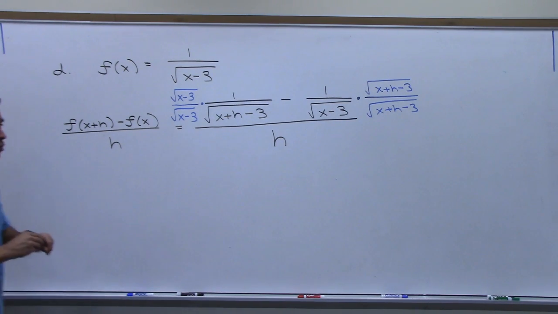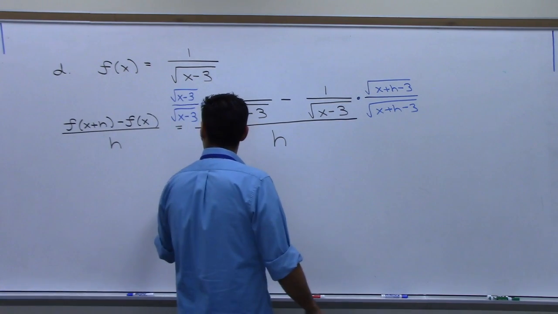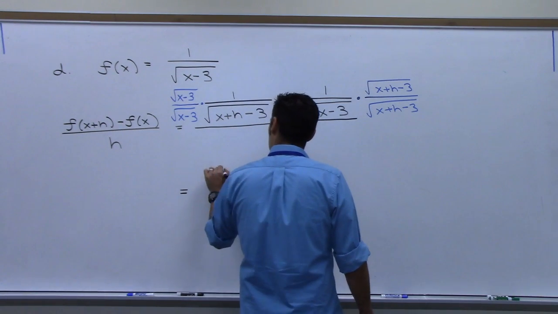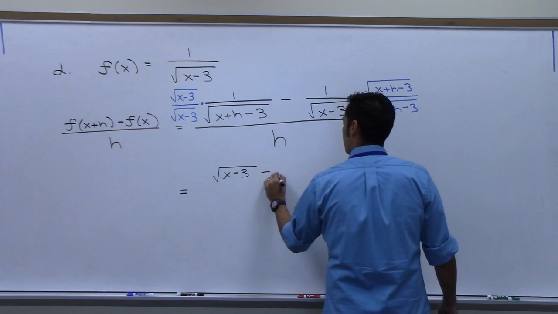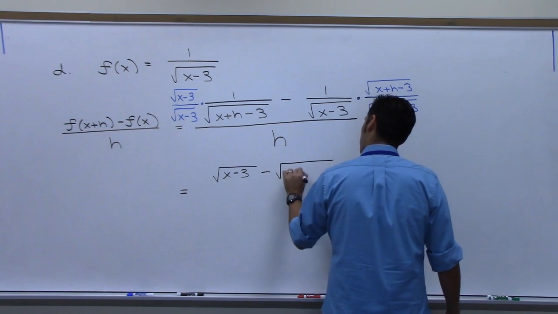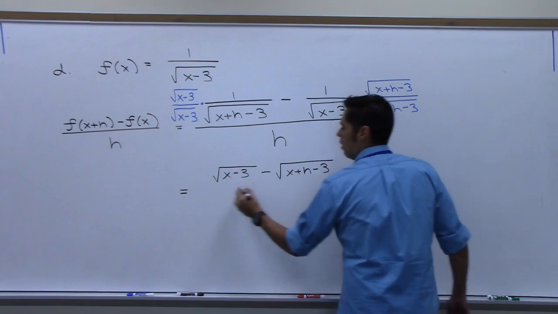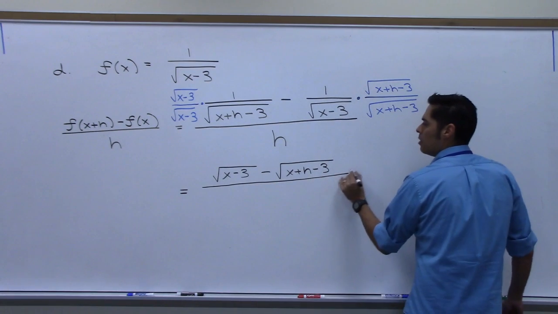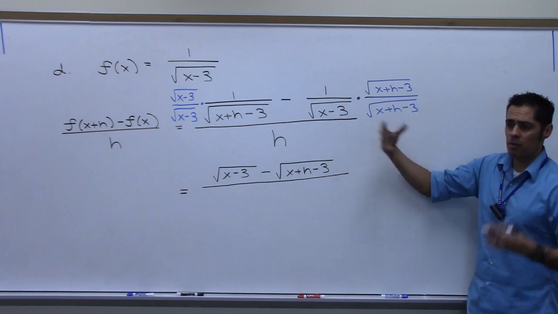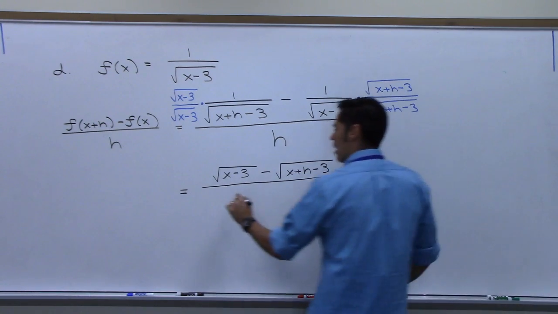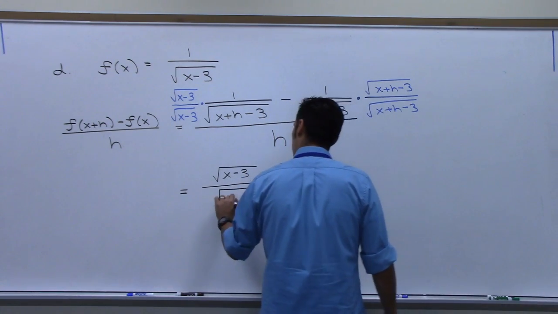So what does your new numerator turn out to be? The root of x minus 3 minus the root of x plus h minus 3, all over your new common denominator. Careful. What's the common denominator? It's these two together multiplied. I'm just going to leave them apart. I'm not even going to try to multiply them through.